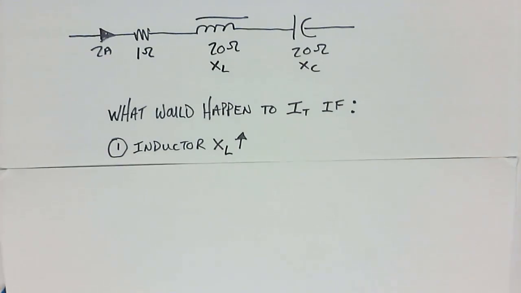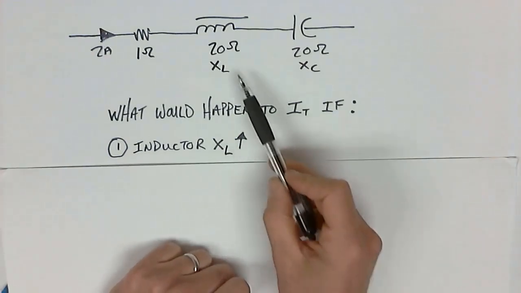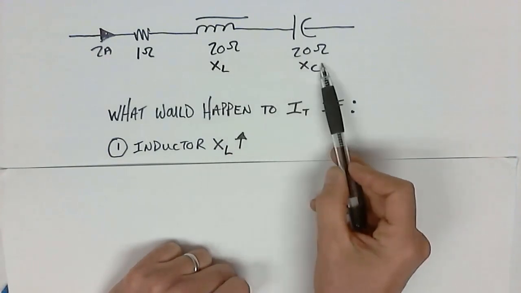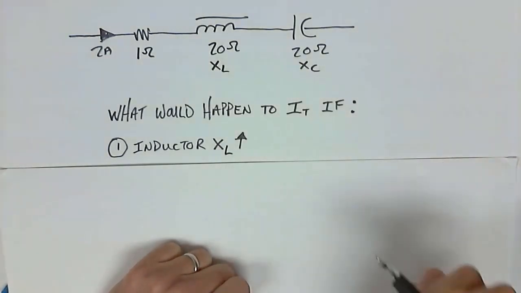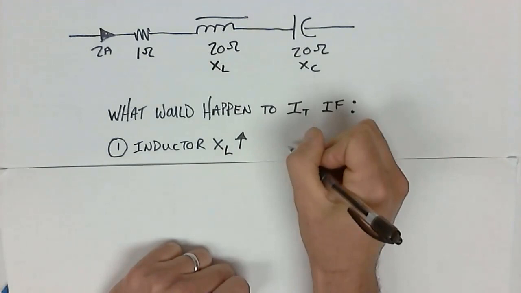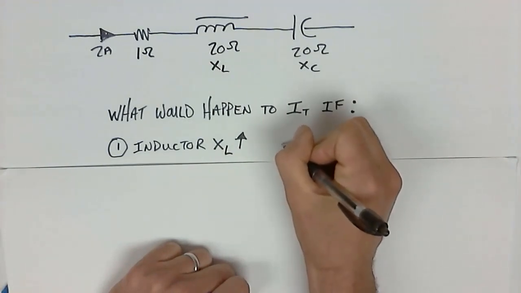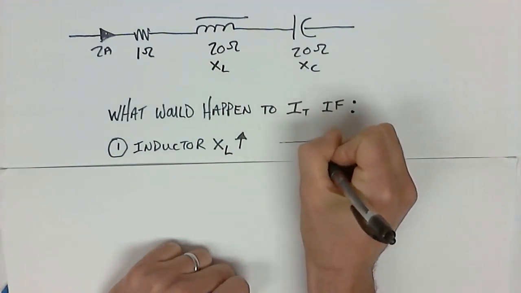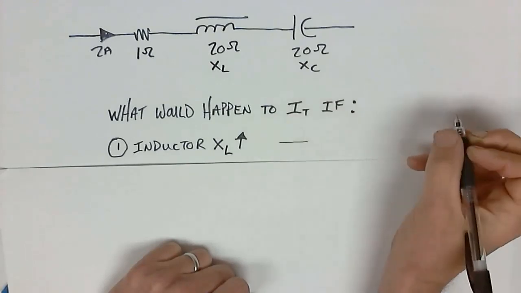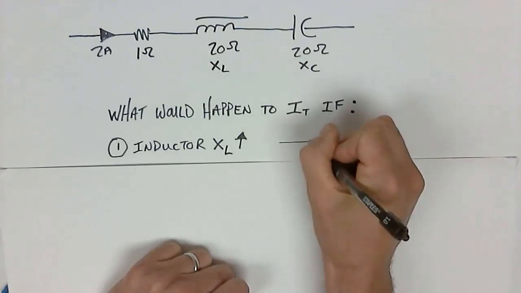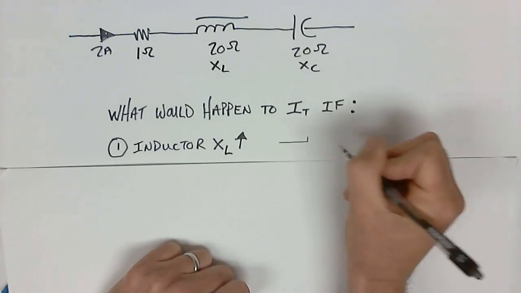If I increase the XL, what's that going to do to my impedance triangle? Because if I increase the XL, these two would no longer be equivalent, would they? And so the impedance triangle would look, instead of like a horizontal line, which is what it is on the previous page, a little bit like this.